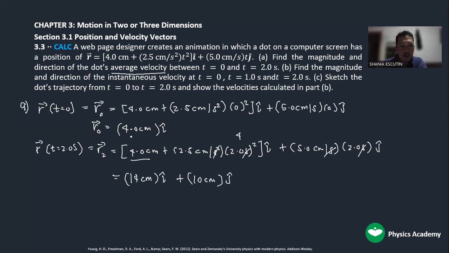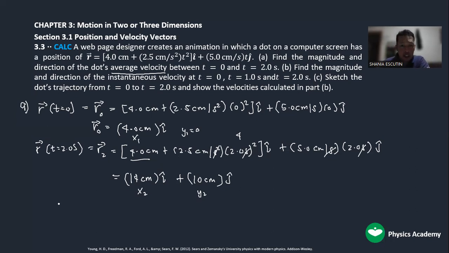So this is our x2, the final position along x, and this is our y2, the final position along y, and we know that y1 is equal to 0. The subscript 1 means initial, and 2 means final.